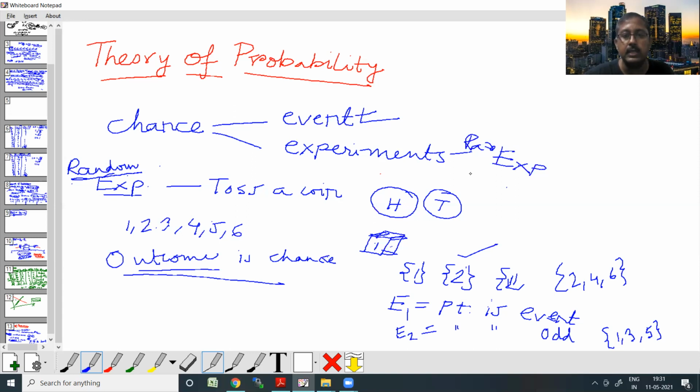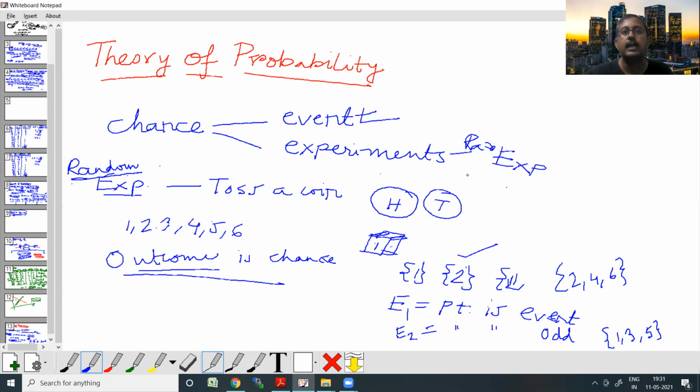Say, for example, when I say that for the rolling of a die, the point which is going to come in the upper surface is an odd point, what will be the set representing that? 1, 3, 5, like this. So multiple outcomes or a single outcome can constitute an event.